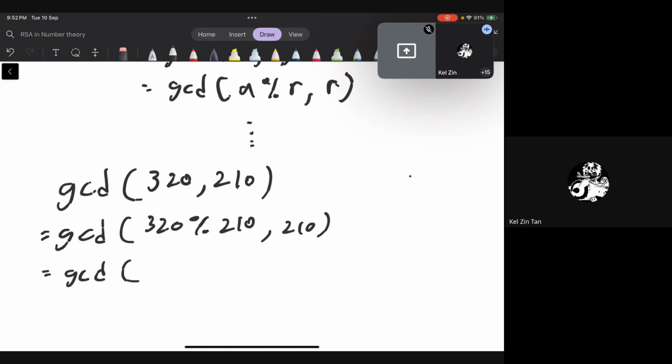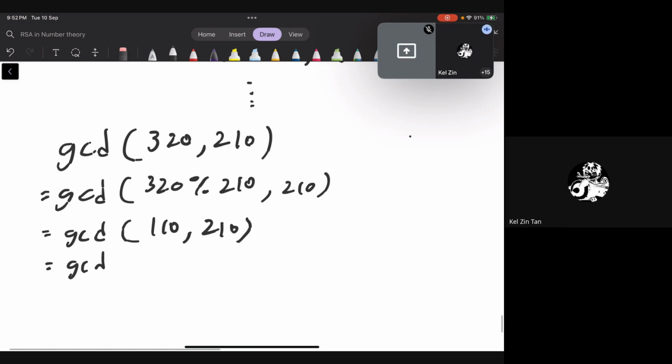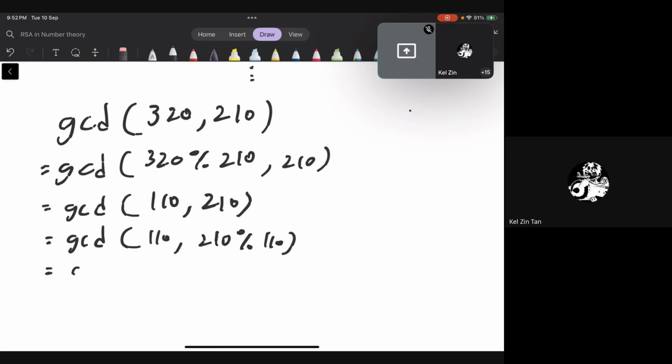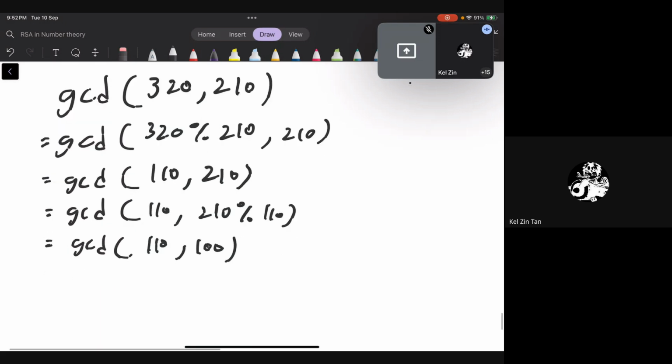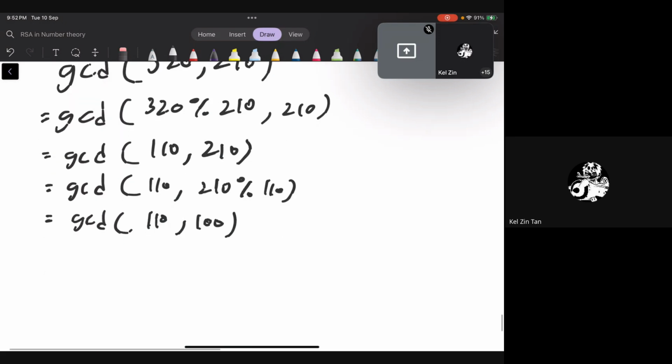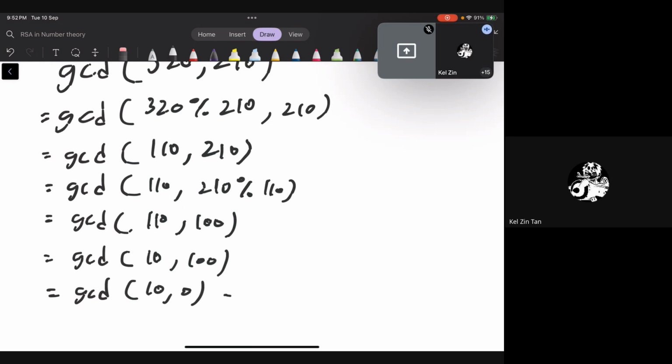So this one will be 110, and then 100, and this will be 10, and 10 and 0. So the GCD of these two is 10.